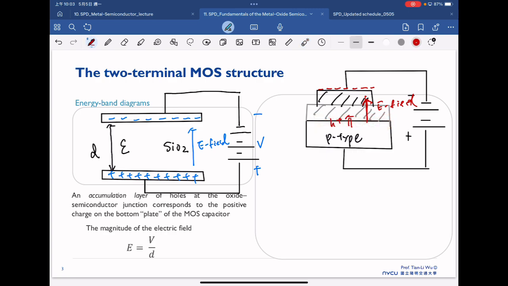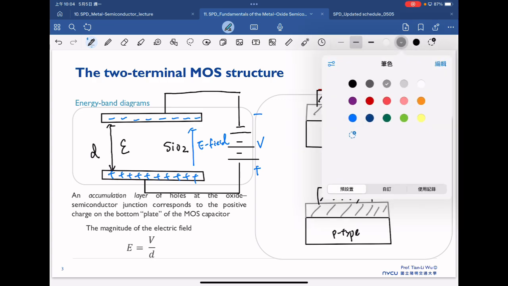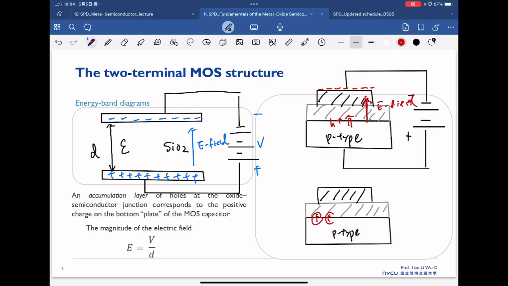So under this condition, with a P-type, with a dielectric, with a metal, we can expect that the holes will accumulate below our gate dielectric. So we will have hole accumulation.